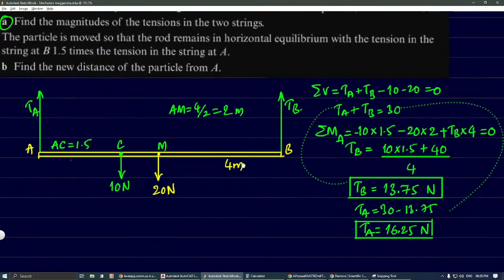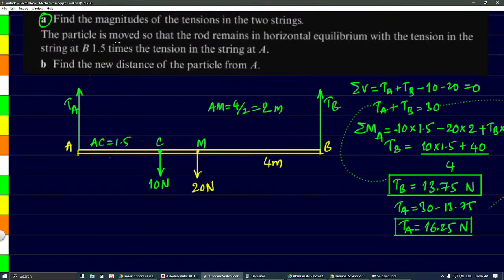So the next bit is asking: the particle is moved so that the rod remains in horizontal equilibrium and the tension in the string, the ratio is given. Fine. So this is the A bit, and now in the B bit AC doesn't remain 1.5. For the B bit AC becomes a variable x.